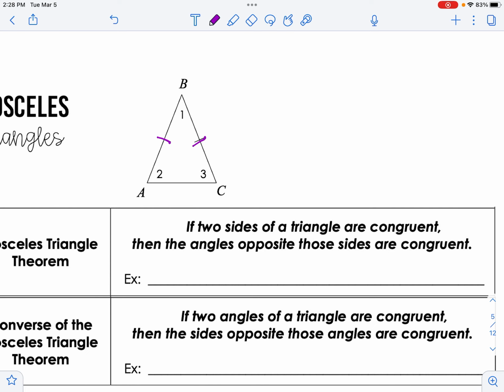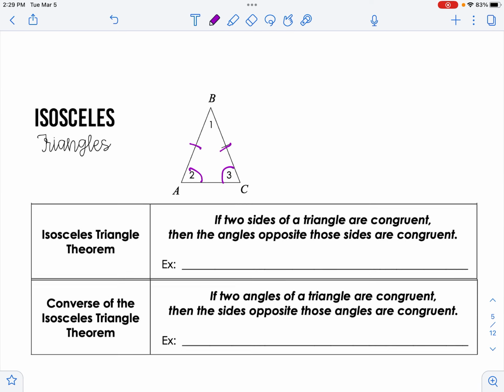So this angle here and this side are opposite of each other. They're across from each other. And this side and this angle are across from each other. So because AB is congruent to BC, that also means that this is congruent to this.